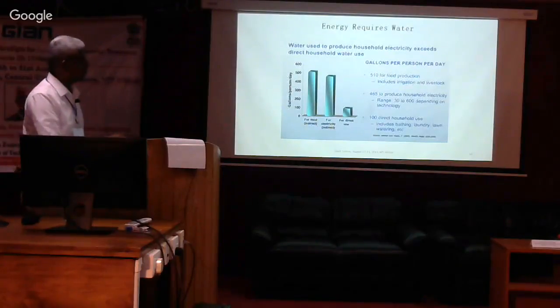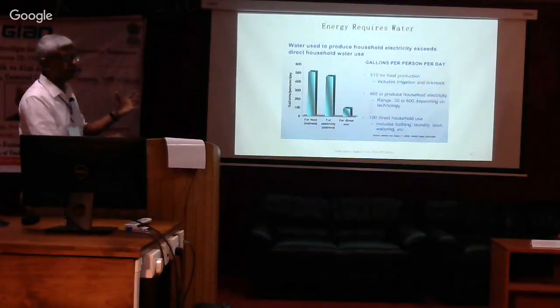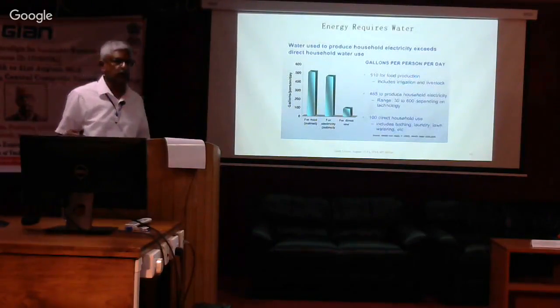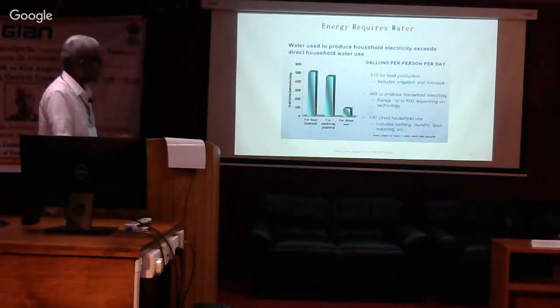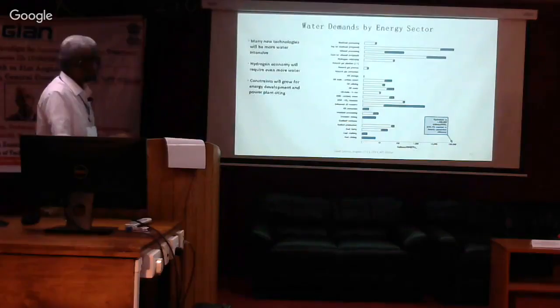Okay? So this 135 liters per capita per day is the direct use, but then when we are looking at the water budget, we have to keep these other figures in mind.